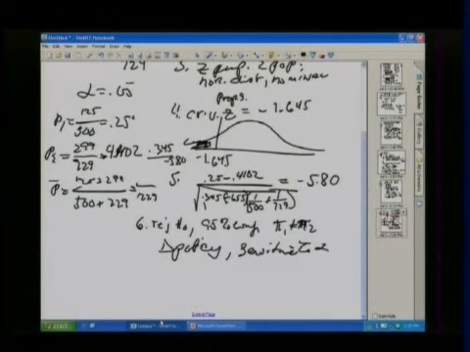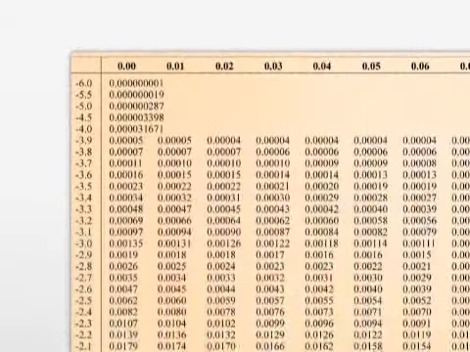Minus 5.8 minus 1.645. So I'm going to calculate a p-value, and then I'm done with this problem. To find my p-value, I go to step 5, 5.8 negative. I'm going to look in the table, which corresponds to z. This is a z value, remember, so I've got to go down the left column to find that value.